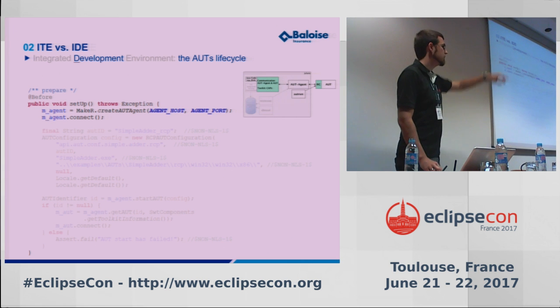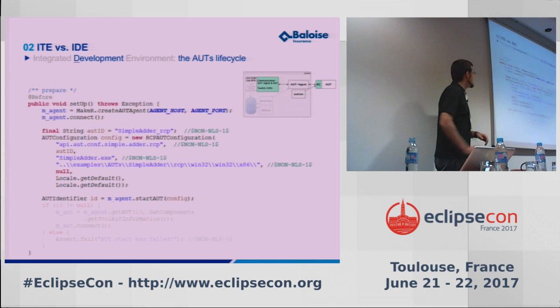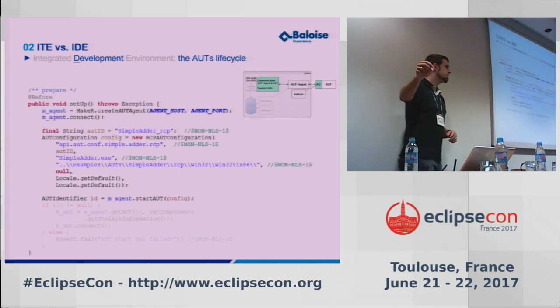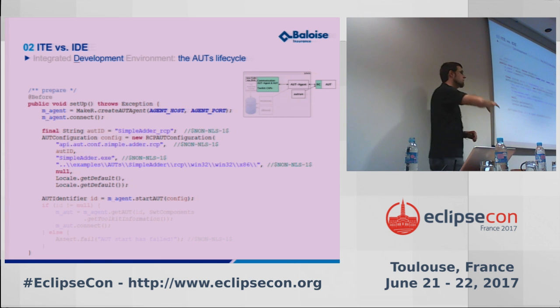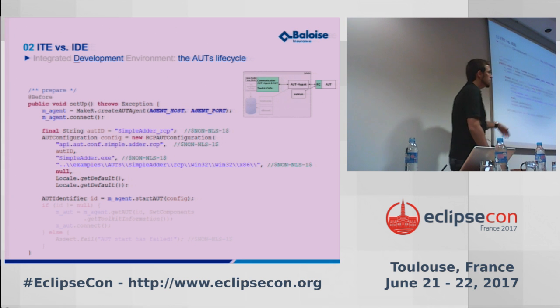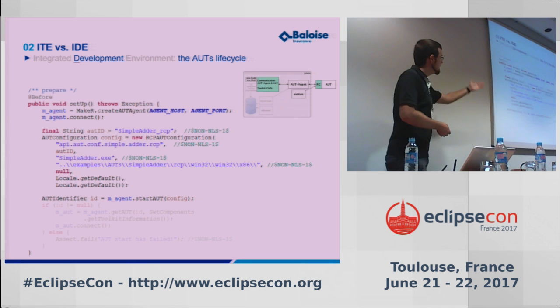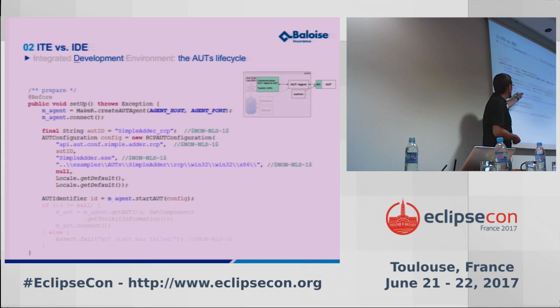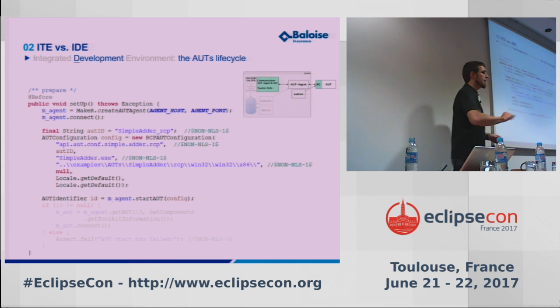So we first of all connect to the AUT agent, and then we tell the AUT agent, okay, create a new process, another JVM, and here's how. Use something we call an AUT configuration. There are different AUT configurations for different toolkits. In this case, an RCP AUT configuration, where you, for example, have a launcher, a working directory, and some locales for the keyboard mappings that you pass to this configuration.